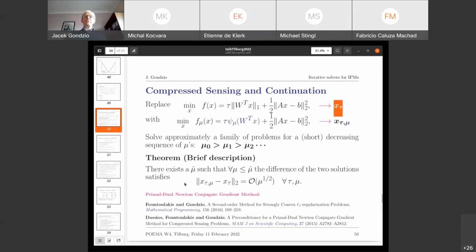We can show that, well, under many conditions. My theorem stated here is given in a very brief description.